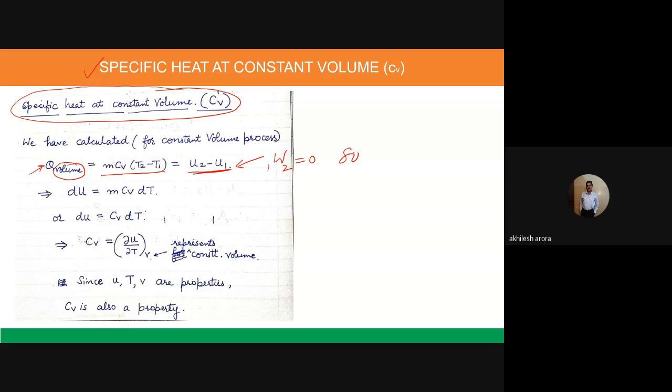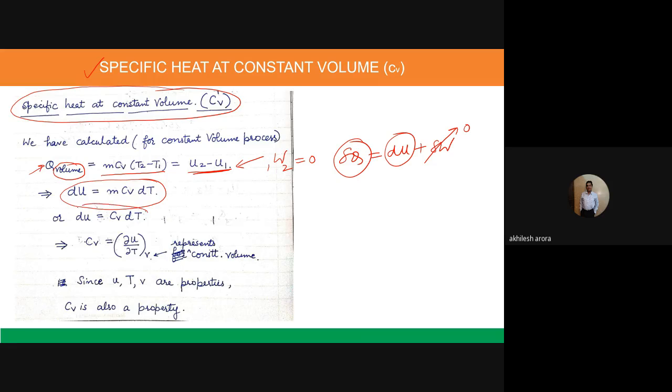And from the first law of thermodynamics, delta Q is equal to dU plus delta W. So this is equal to 0, which means delta Q is equal to dU, and the value of dU is given by mCv dT. This is valid for all ideal gases or all substances.